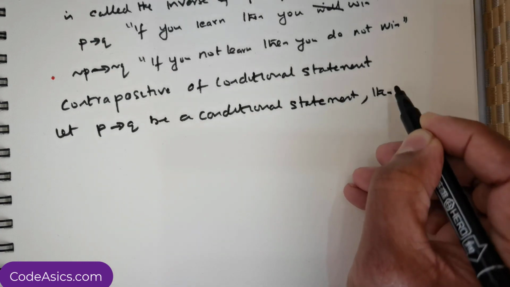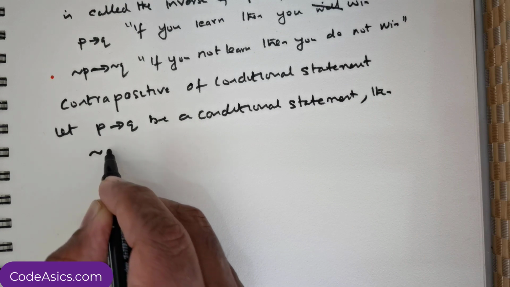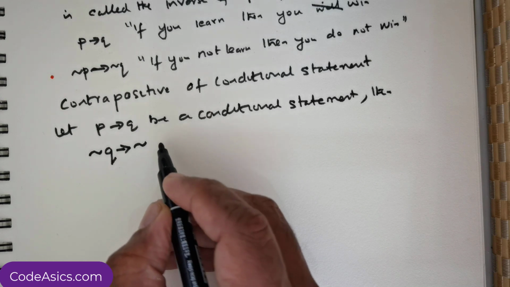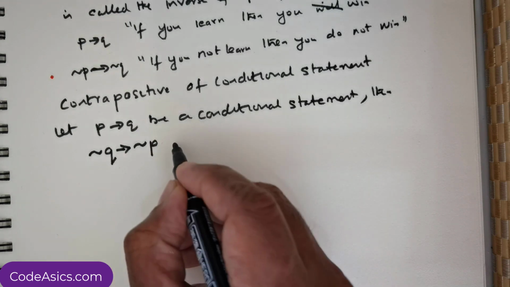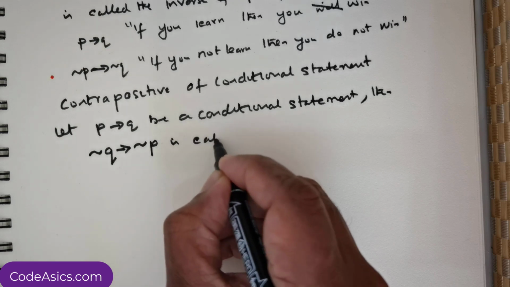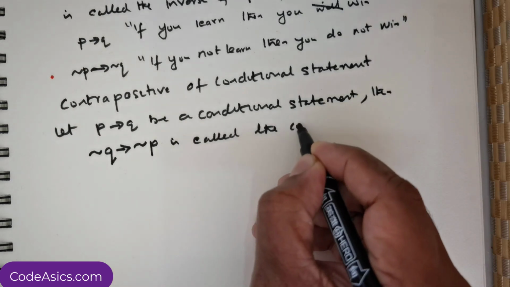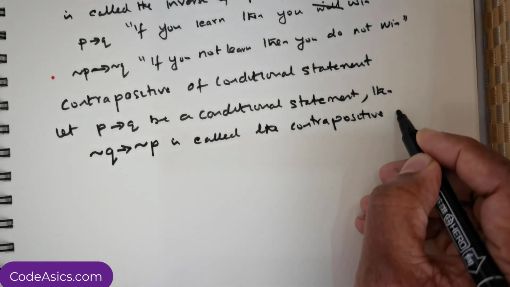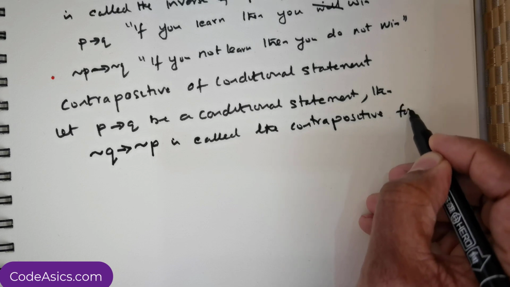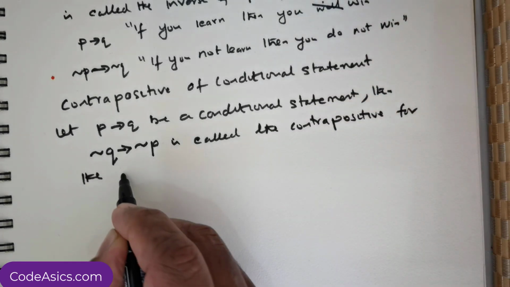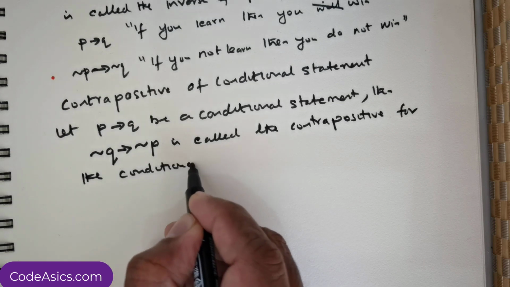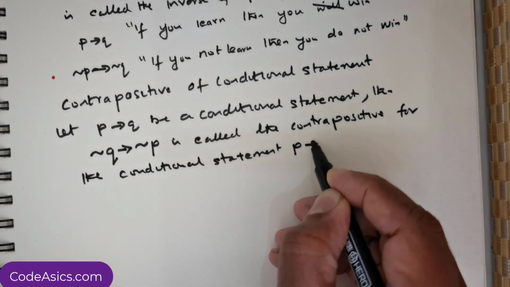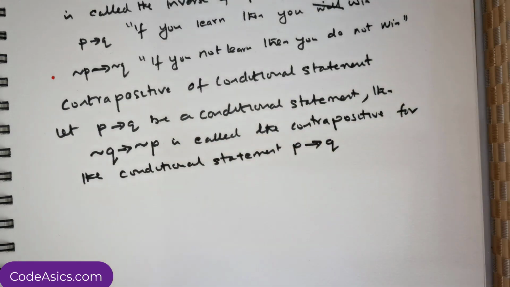Then you take the negation of Q conditional negation of P, which is called the contrapositive for the conditional statement if P then Q, right?